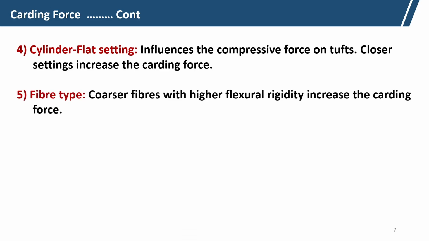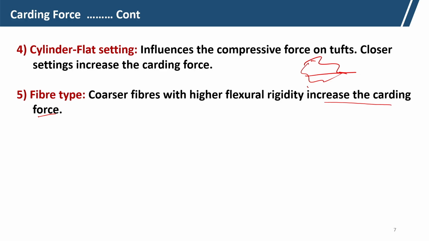Fiber type. Coarser fiber with higher flexural rigidity will increase the carding force. If the flexural rigidity is high, it will resist the movement, it will resist fiber tearing off. So, for coarser fiber the carding force will be high because its rigidity is high.